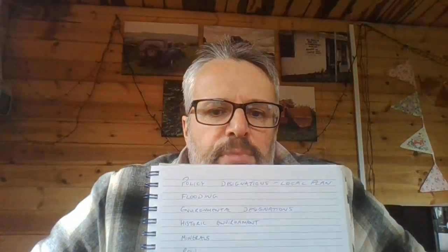And it begins with a look at policy designations. So we would have a thorough look at the local plan for the area and what the policy stated in that plan and what the land was designated as.